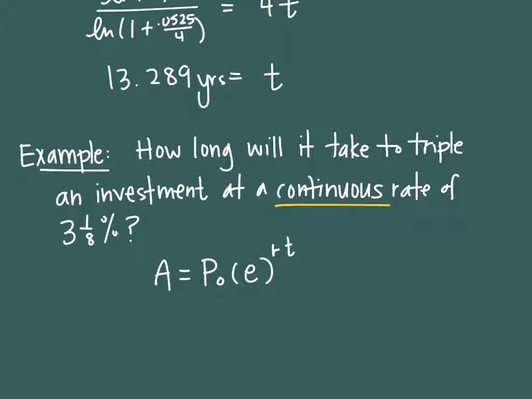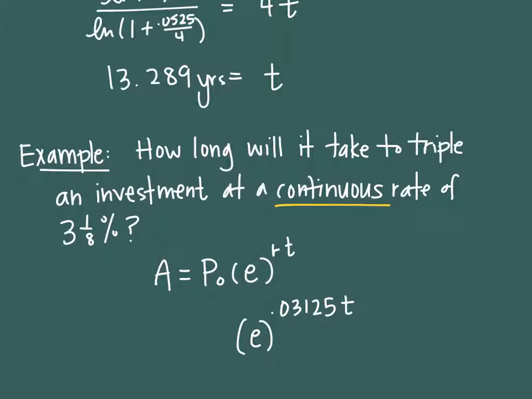So again, if we turn that into a decimal on our calculators, that would look like this. 3 plus 1/8. So that's 3.125. So move your decimal, and you're going to have 0.03125. So my e is going to be to the 0.03125 t.